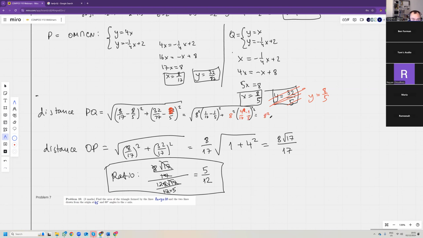Okay, so that's 8 squared, square root 117, so that's 12 squared over 17 squared times 5 squared plus 8 squared, so that's 20 minus 17, that's 3 squared over 17 squared times 5 squared. 17 times 7 times 3, 4 squared plus 1, which is 8 times 3 square root 17 over 17 times 7.